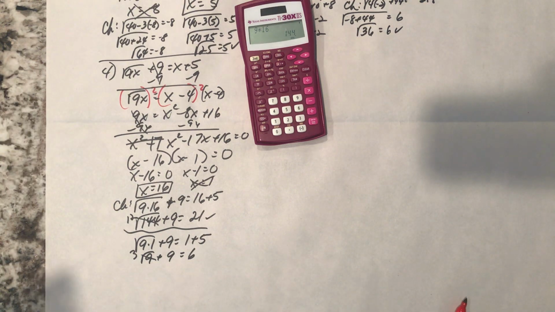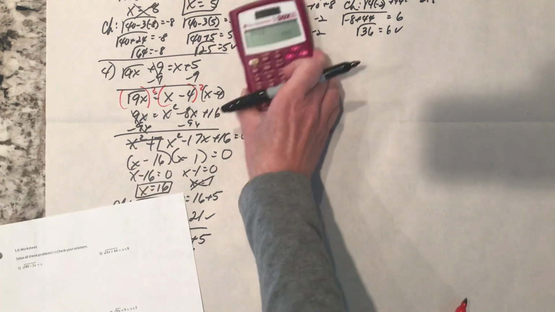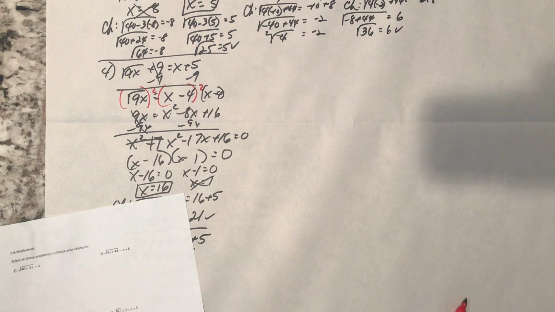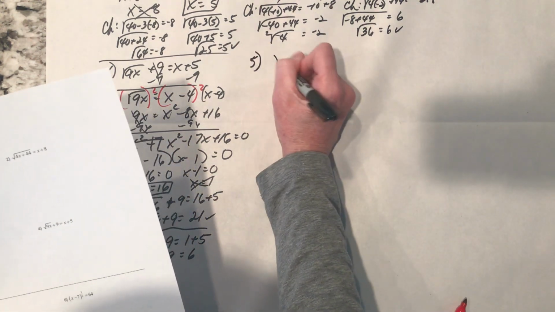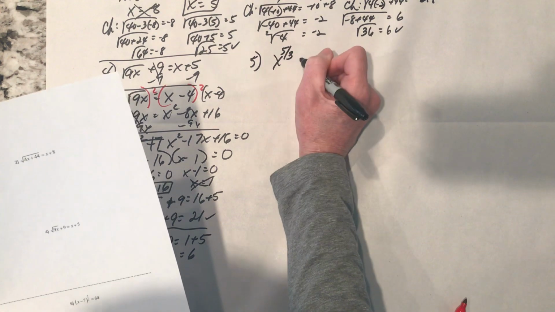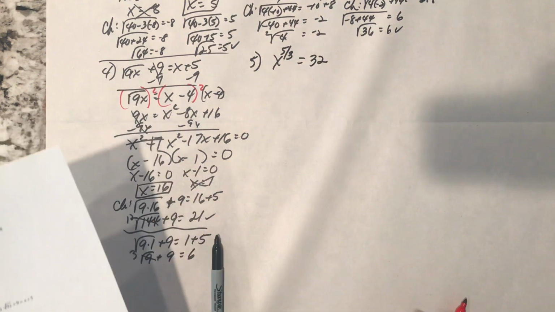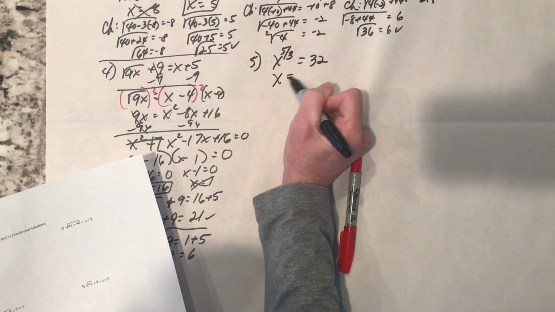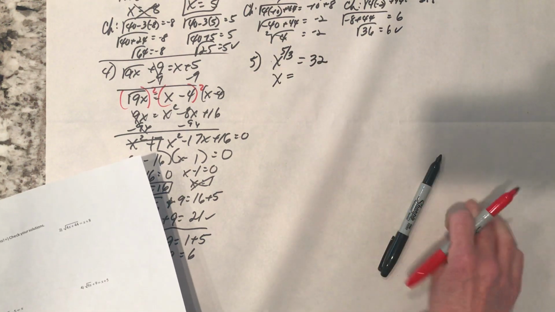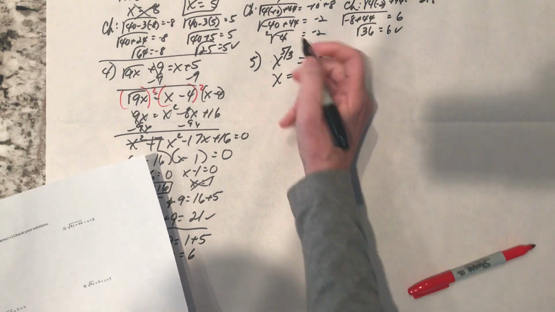Okay, 5, 6, 7, and 8 all have exponents that are rational, meaning they're fractions. So we're going to have to multiply times the reciprocal. In order to make this say x equals, we need it to be x to the first.